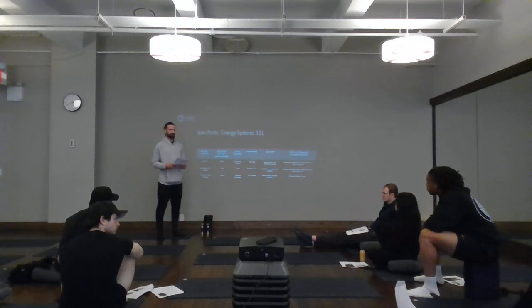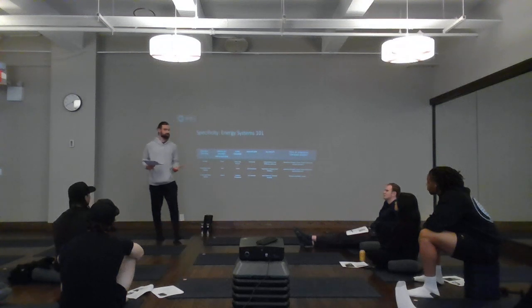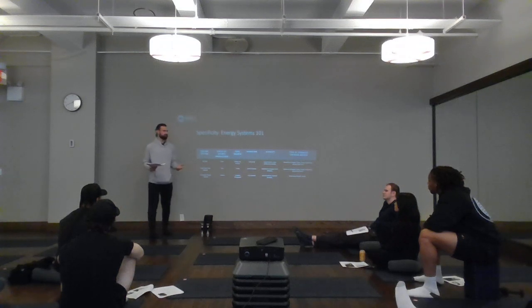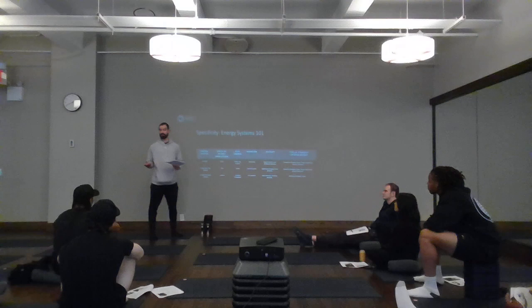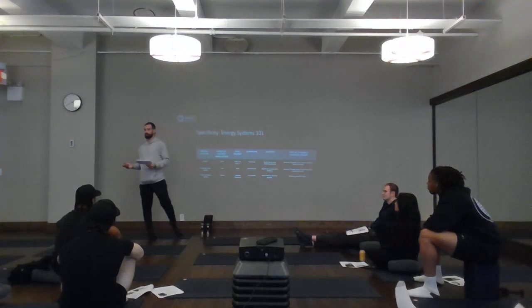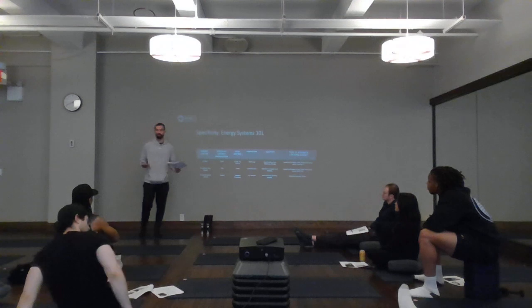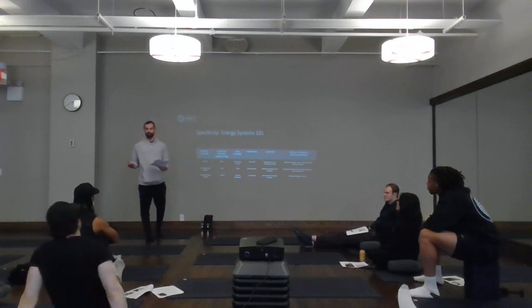Perfect. What is used for endurance? Aerobic. Perfect. And what's the energy system in the middle? Sure, it is an anaerobic energy system. So there are two anaerobic energy systems, meaning they do not use oxygen.